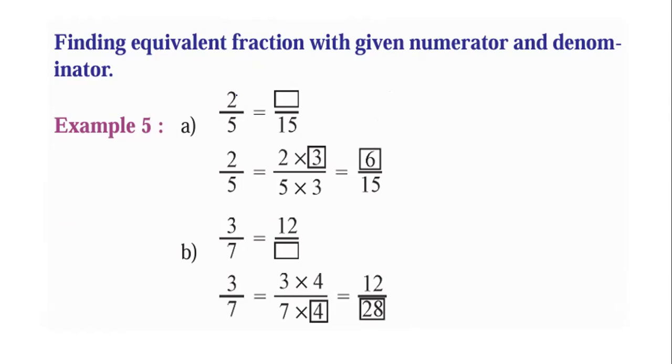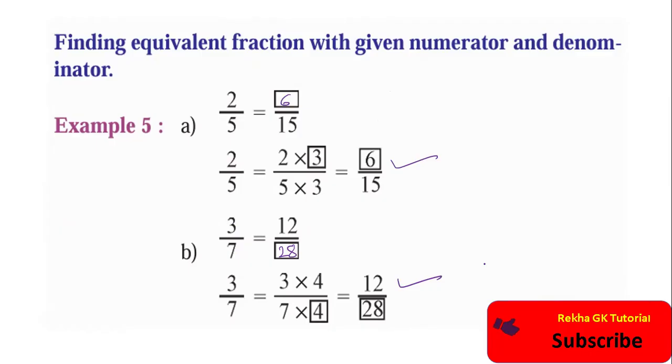Therefore, multiply 2 with 3, we get 6. This is 6 by 15. Here, 3 by 7 is a fraction. 3 becomes 12. If we multiply 3 with 4, we get 12. Multiply 7 with 4, we get 28. This is the required fraction.